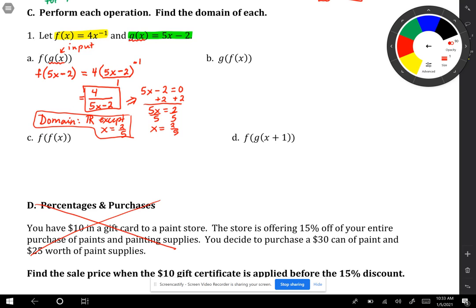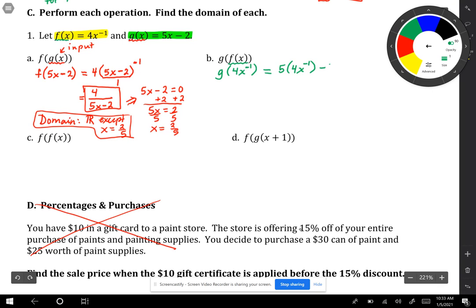For B, this is the exact same thing as that. So you're going to have that G out here, and then you're going to have 4x to the negative first power. So go to G, and wherever you see an x on the right side, you're going to replace it with 4x to the negative first.